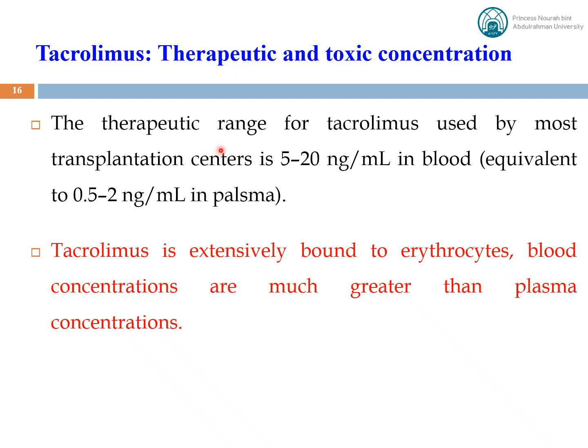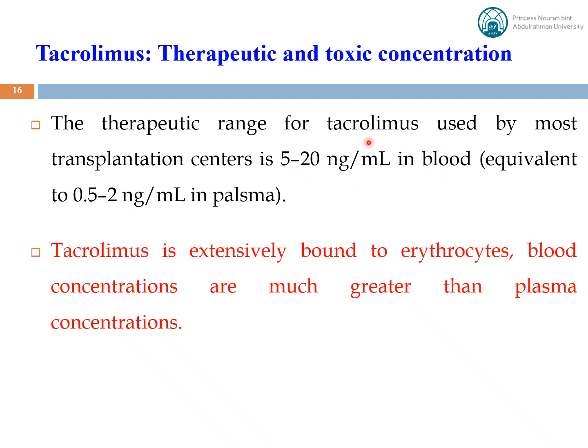The therapeutic range for tacrolimus used by most transplantation centers is 5 to 20 nanograms per milliliter in blood. Take care about nanograms, which is equivalent to 0.5 to 2 nanograms per milliliter in plasma. Why is the value in the blood higher than that in the plasma?